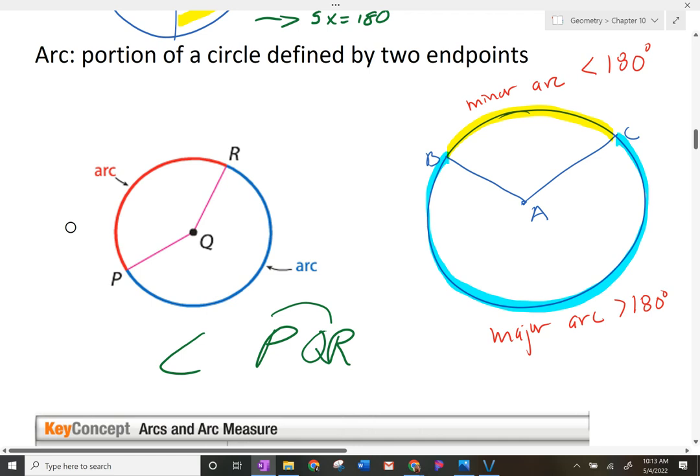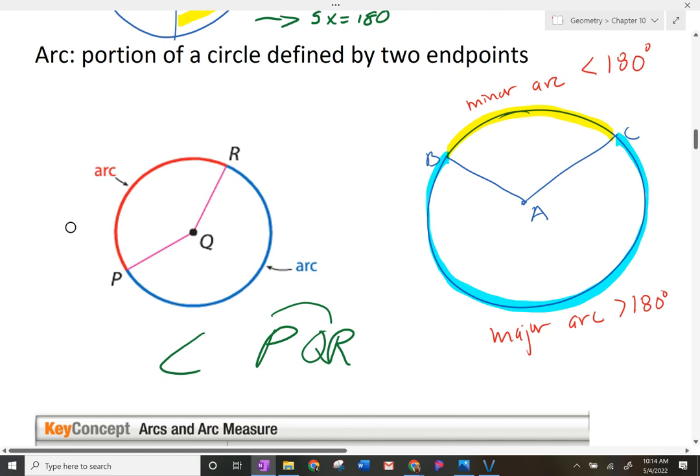Because again, PQR, that's this angle, but it's also this angle on this side. So we can distinguish those in two separate ways. We can call it a minor arc, minor being smaller than 180 degrees, or a major arc is going to be greater than 180 degrees.